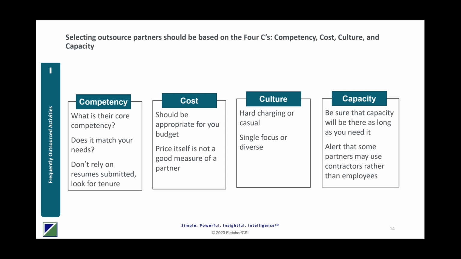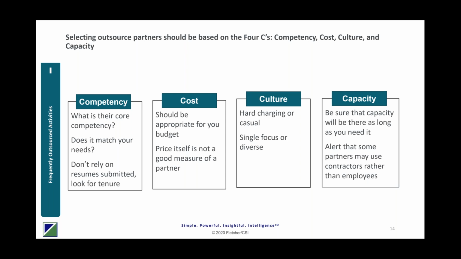Your capacity needs from that partner will also evolve. So as they evolve, make sure your partner has the ability to increase or decrease their capacity to support your needs at the time. Be aware that some partners may use third-party contractors rather than employees. So instead of W-2 employees, they'll use 1099 contractors.